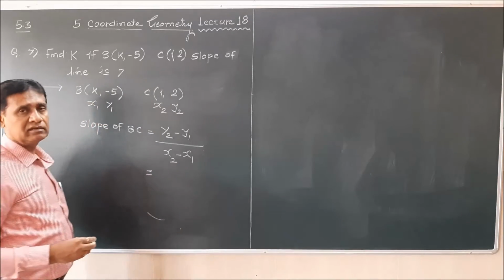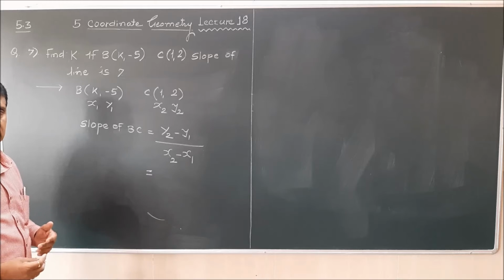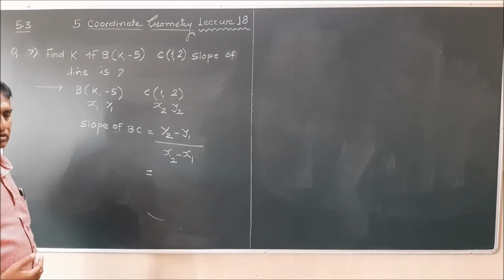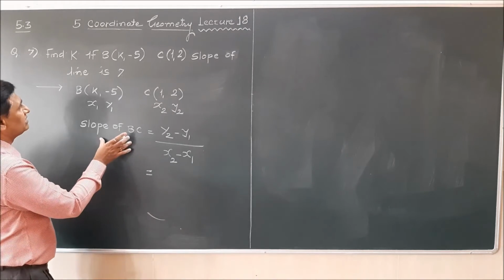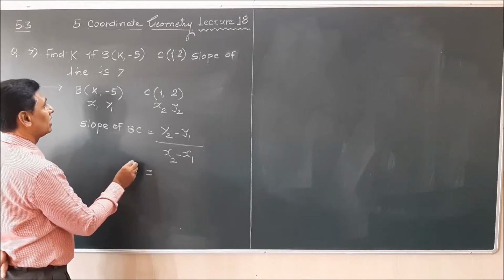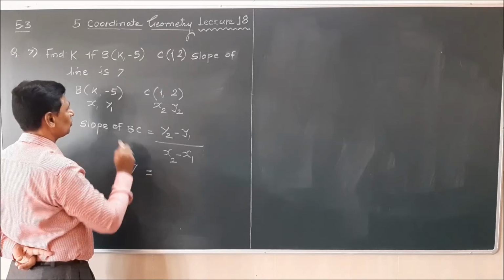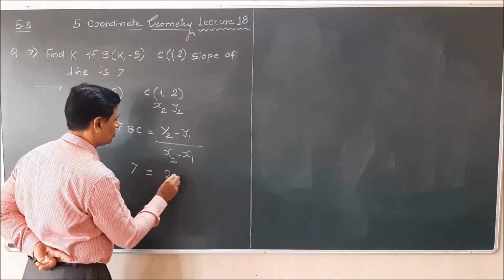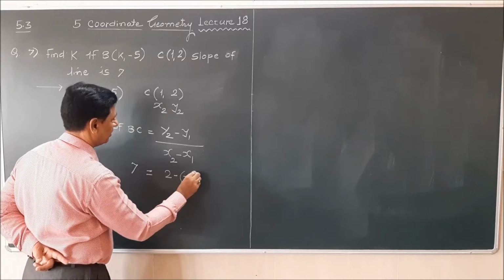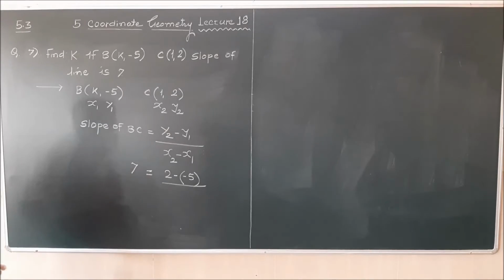As I said earlier, there is no difference between the previous sum and this sum. Only values are changed. Procedure is the same to solve this. Slope of BC is given as 7. So I'll write it as 7 is equal to y2 minus y1, which will give us 2 minus of minus 5, upon x2 minus x1.